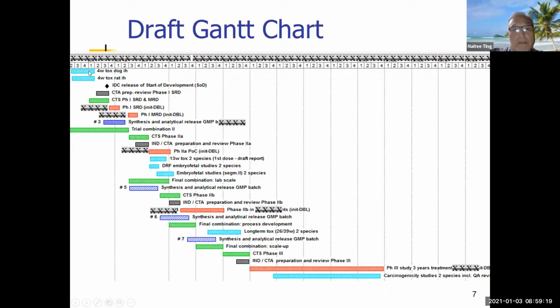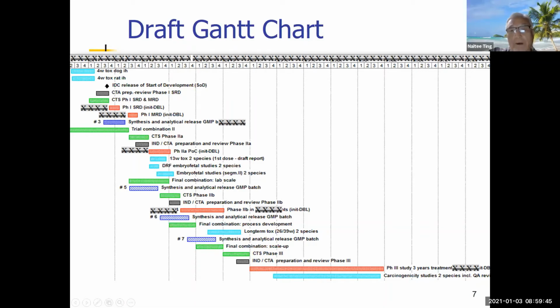Here is the second quarter of 2021, third quarter, fourth quarter, first quarter 2022, second quarter 2022, and so on: 2023, 24, 25, 26, 27, 28, 29, 30, 31, 32, 33.